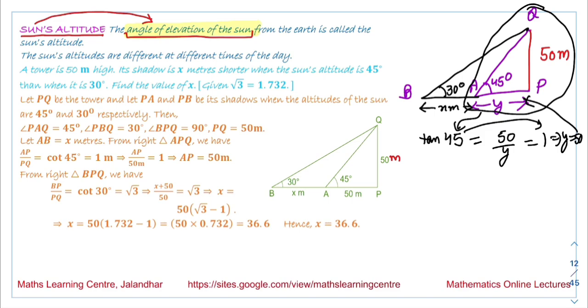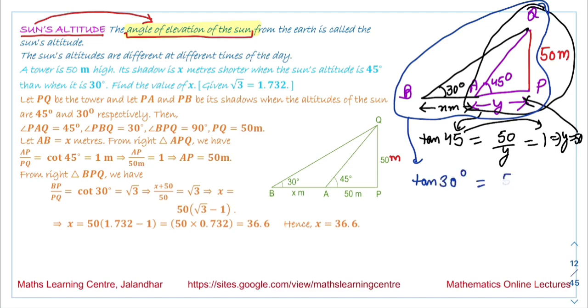In the second case, we are talking about this whole triangle over here. In this we are saying tan 30 degree is equal to 50 over x plus y, where y is 50. The value of tan 30 is 1 by root 3. So what we get on solving this is that x plus 50 is equal to root 3 times 50.